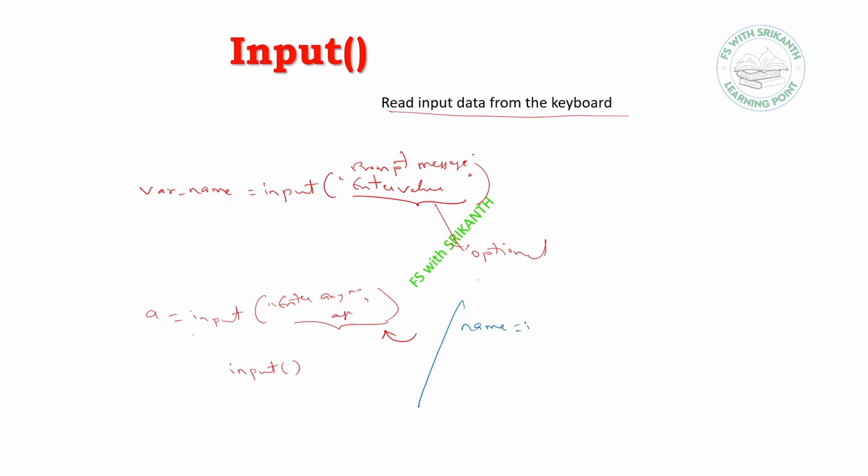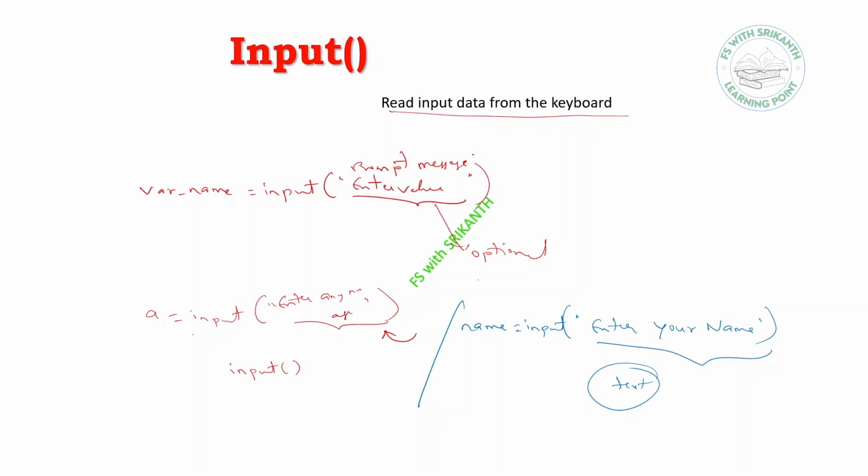Here the input method takes a value from the user. name = input("enter your name"). When the input method is called, it displays a prompt message. This is your prompt message. It displays a prompt message to the user, and the user enters the text, his name, from the keyboard.